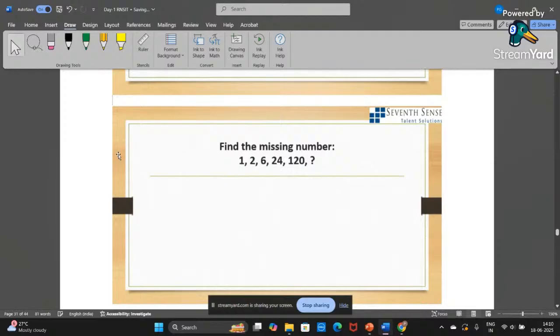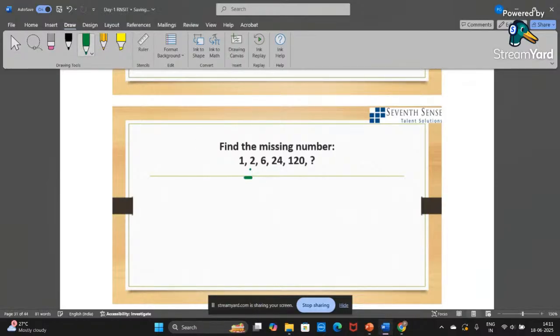1, 2, 6, 24, 120. So how do you find the answer for this? Let us try in all possible ways.